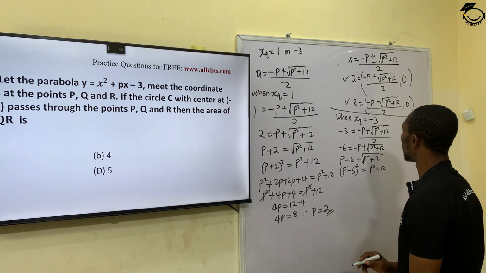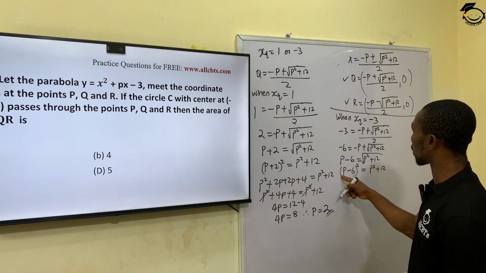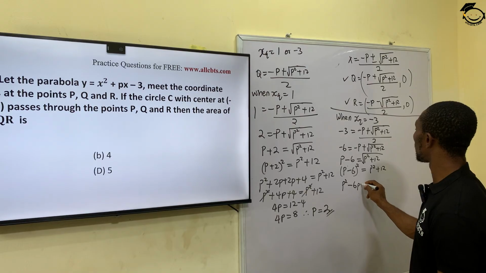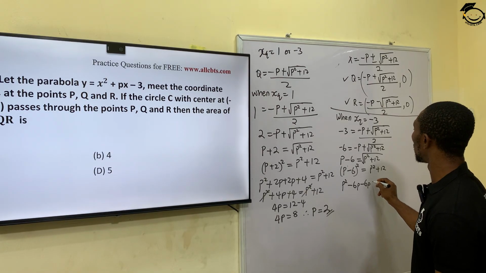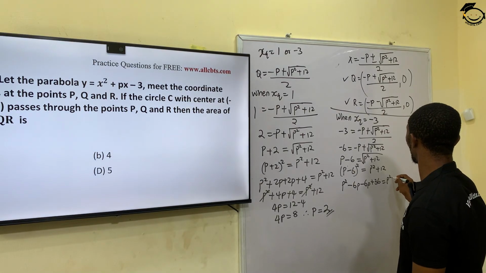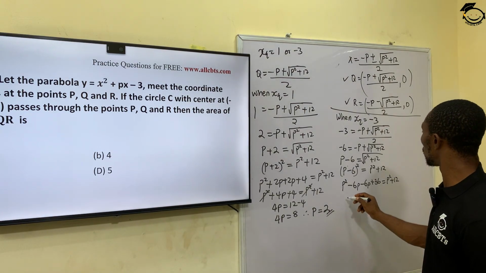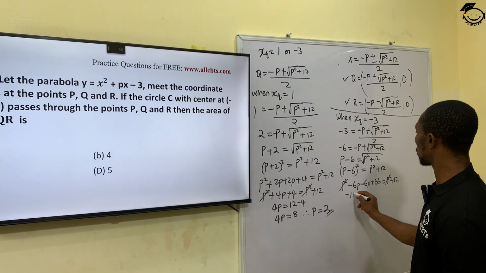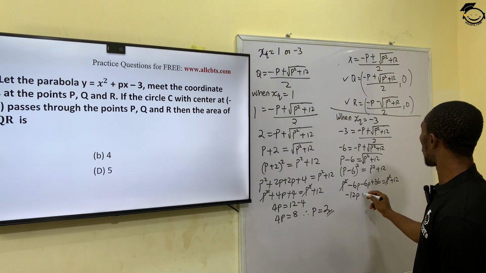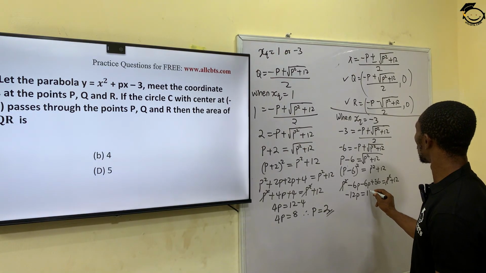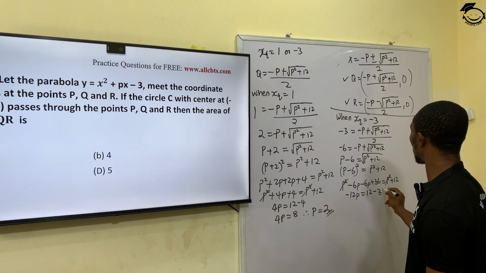Now expanding this, we have p times p, p squared minus 6p minus 6p plus 36 equals p squared plus 12. So p squared will cancel out, leaving us with minus 12p equals 12 minus 36.